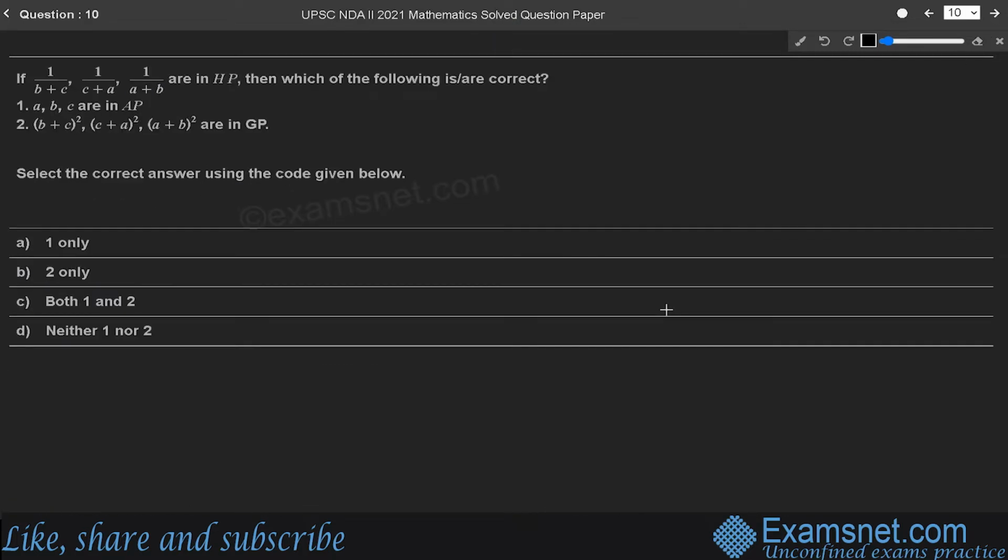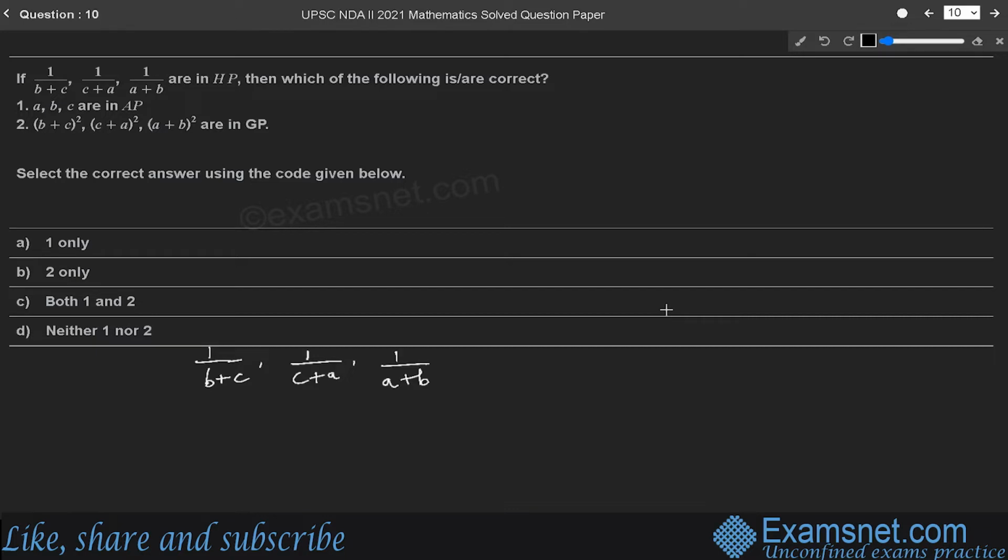Next question is, if 1 by B plus C, 1 by C plus A and 1 by A plus B are in HP, then which of the following is correct? First statement is A, B and C are in AP.